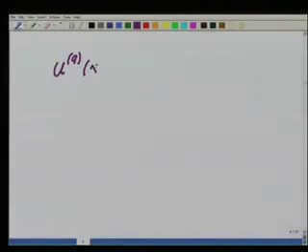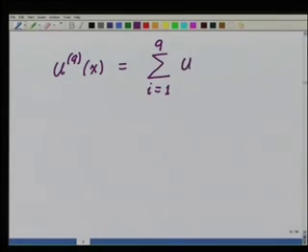So once I have defined these functions phi i, then if you remember, we had written u9 of x is equal to sigma i is equal to 1 to 9 ui phi i of x. How do we check linear independence? If you remember, linear independence means that if this function is identically equal to 0, then the coefficients ui should come out to be equal to 0. How do I show that the coefficients ui are 0?